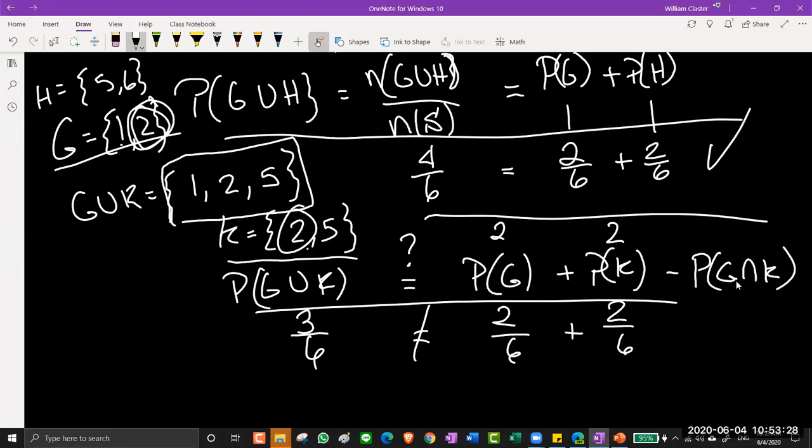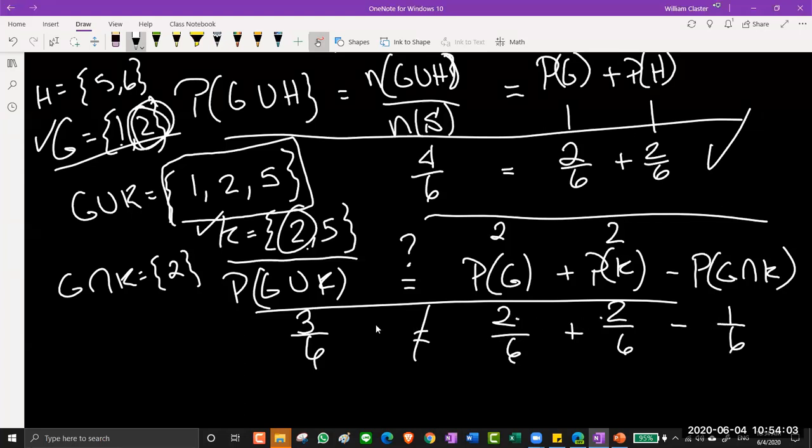What is the intersection of G and K? It's 2. And what's the probability of that? 1 over 6. So now it's going to work: 2 plus 2 minus 1 is equal to 3, right?